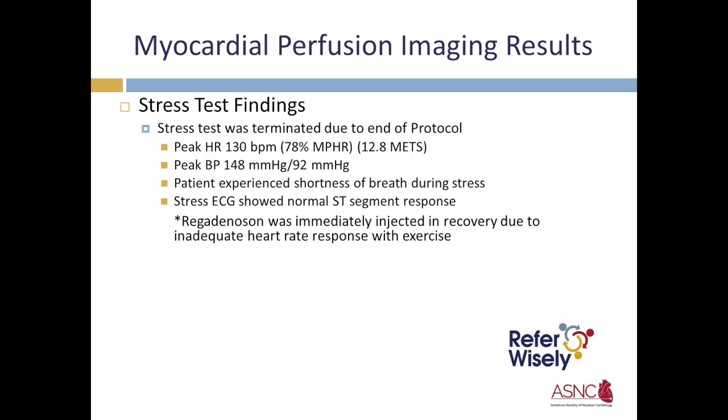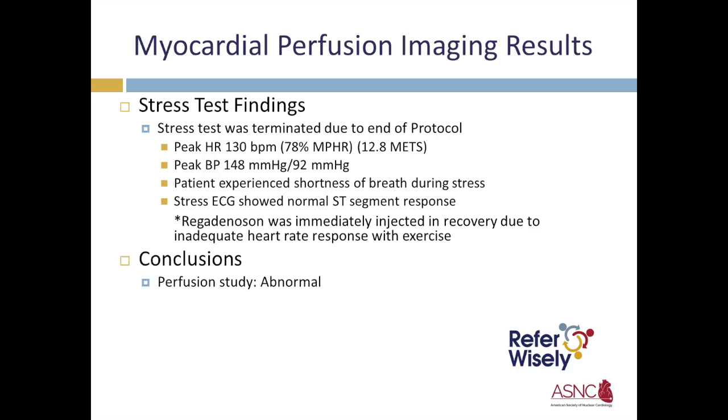Because she failed to achieve the target heart rate of 85% maximal predicted heart rate, the patient was brought off the treadmill, allowed to sit down for a minute, and then was injected with a pharmacologic stress agent, regadenoson, to get a more complete myocardial stress.